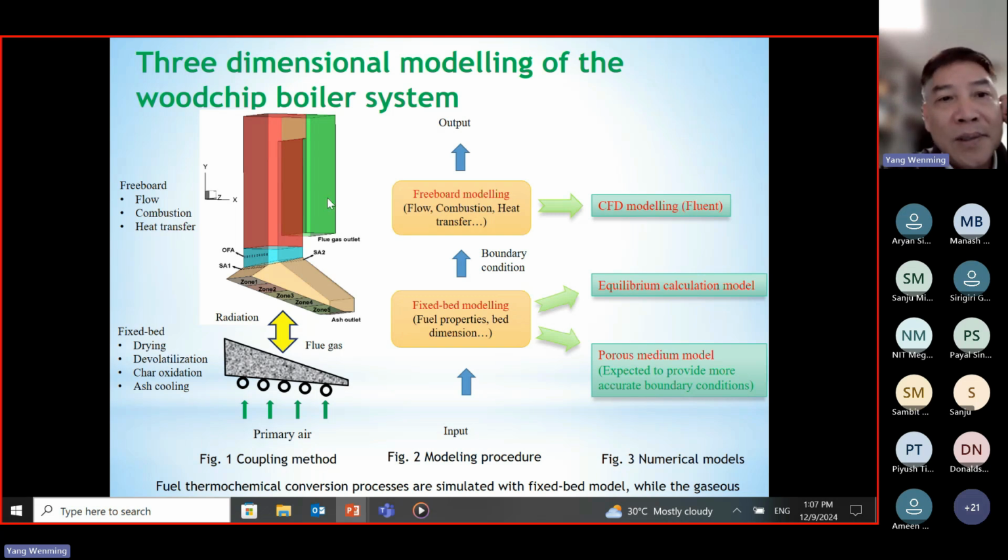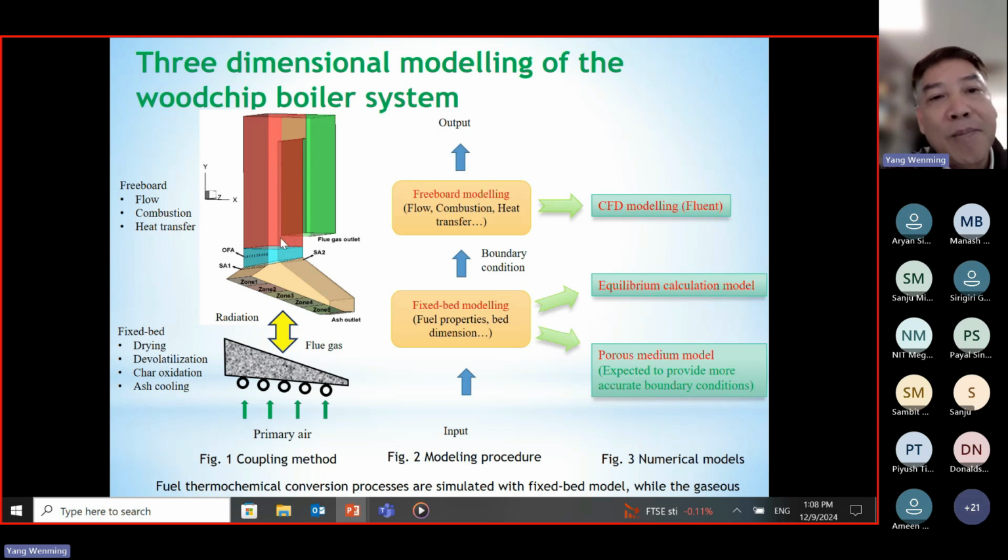Then in the free board, we use a three-dimensional CFD model to simulate the whole combustion process. By combining these two, the first one produces the boundary conditions, for example the gas fuel composition, the gas concentrations and the temperature, which are then supplied to the free board CFD model as boundary conditions.